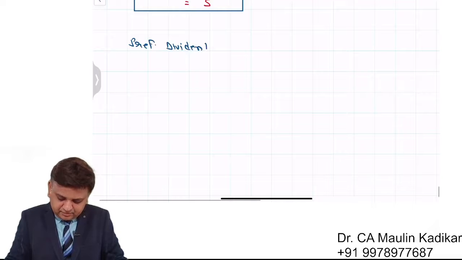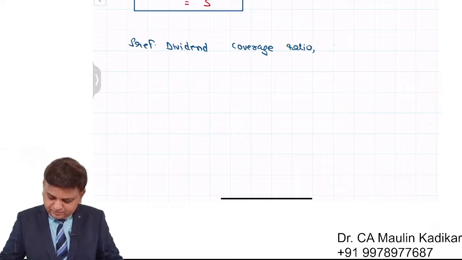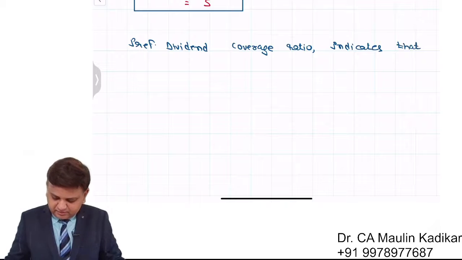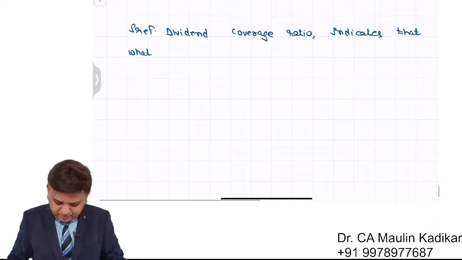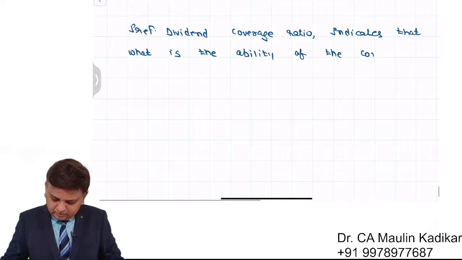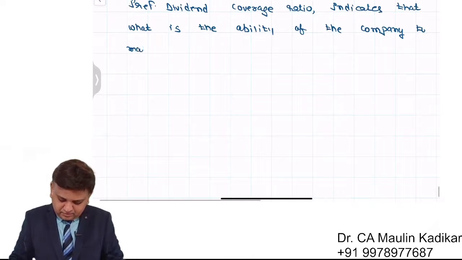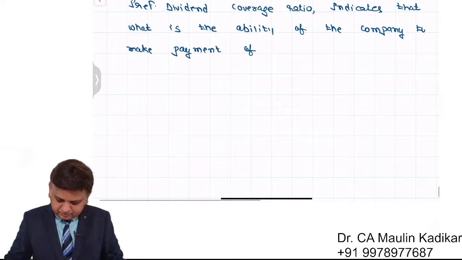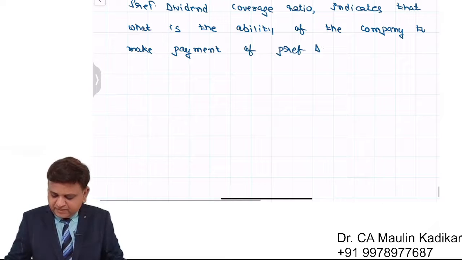Preference dividend coverage ratio indicates what is the ability of the company to make payment of preference dividend.